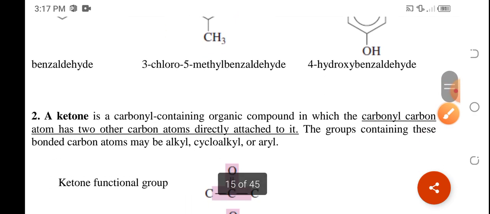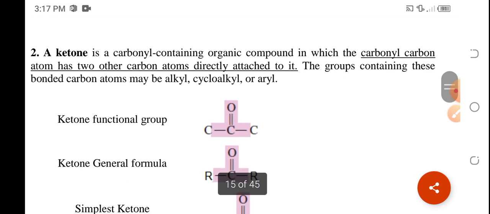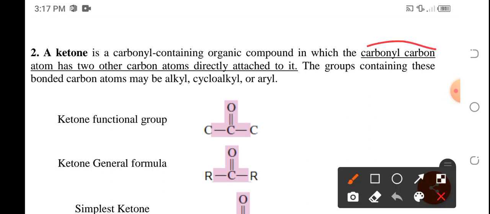Okay. So earlier we had aldehyde, now we have ketone. Ketone is a carbonyl-containing organic compound, just like the aldehyde. However, what differentiates it from aldehyde is that the carbonyl carbon in a ketone should be attached to two other carbon atoms.